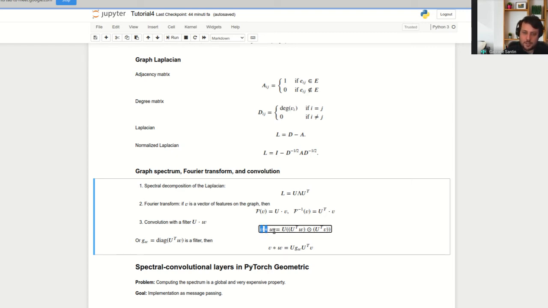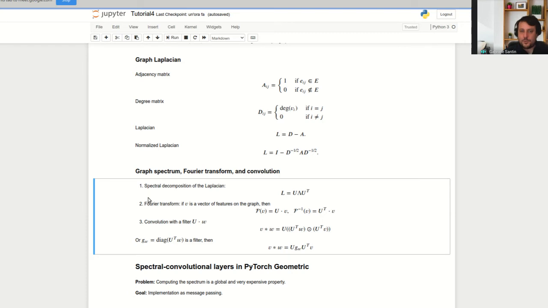If we have two signals or two feature vectors on the graph, we can compute the convolution between these two, and it's just as above. So I just copy the formula. In particular, if you denote g(W) as the diagonal of our filter, where V is our feature vector and we want to compute the convolution with respect to a filter, it's just given by this: take the vector, multiply by the eigenvectors, and so on.